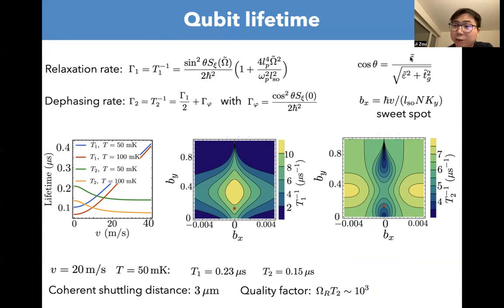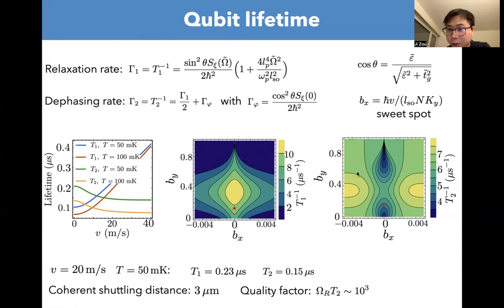Meaning that when the detuning is zero, namely when the magnetic field along this racetrack is balanced with the shuttling speed, then the detuning is zero and this pure dephasing is zero. This is basically what we call a sweet spot.